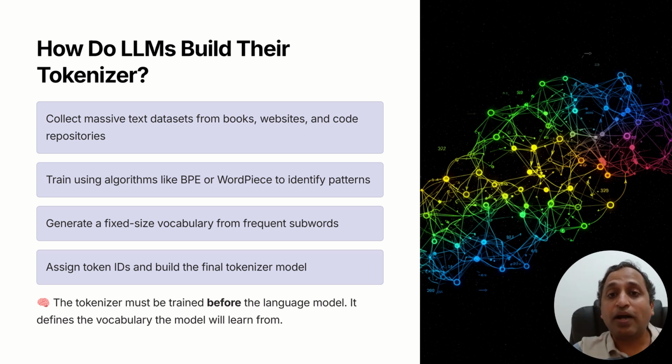From those patterns, the tokenizer builds a fixed-size vocabulary, say 30,000 or 50,000 tokens, which is compact but expressive enough to represent the language well. Finally, each token is assigned a unique ID, and that becomes the official tokenizer of the model, which will be used for all input processing during training and inference. The key point to remember is that the tokenizer is trained before the model, and it defines the vocabulary the model will learn from.